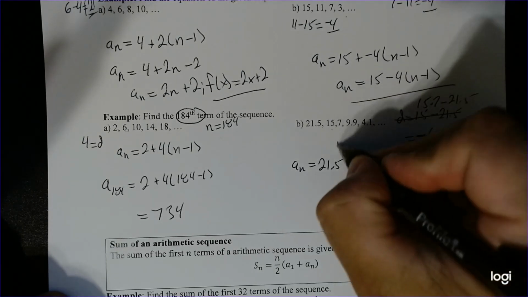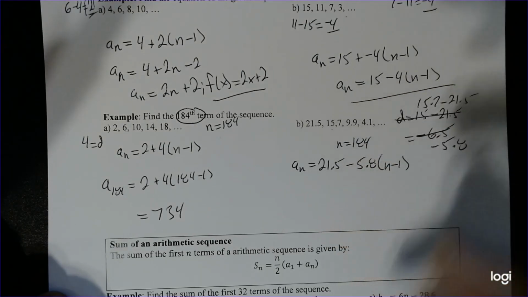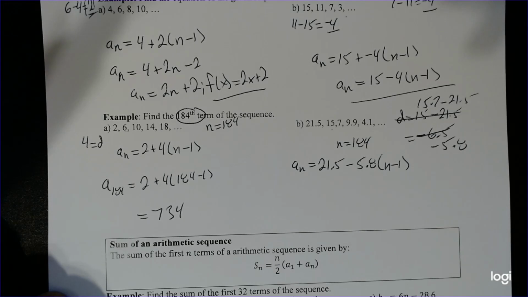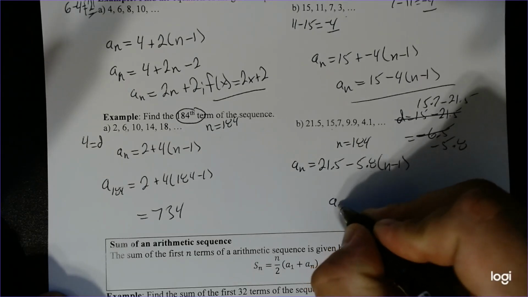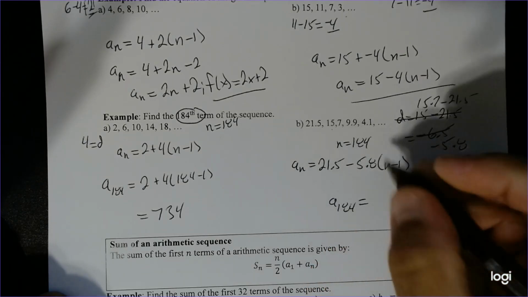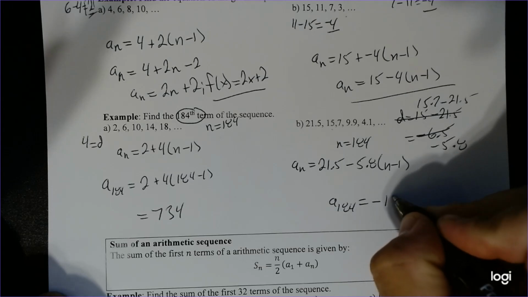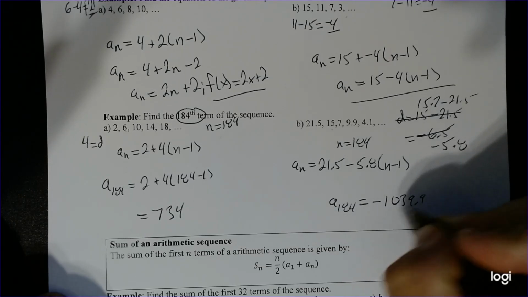And again, we just plug in n equals 184. So the 184th term in this sequence would be negative 1039.9.